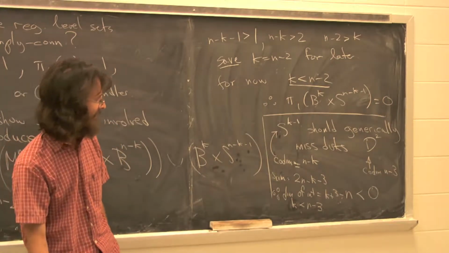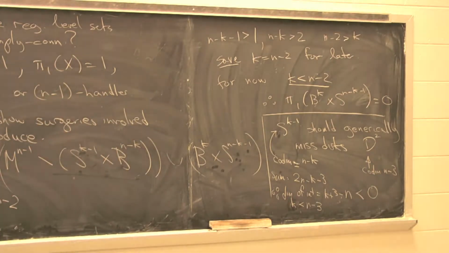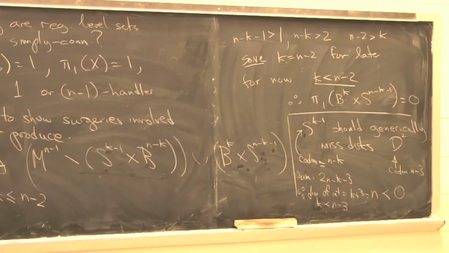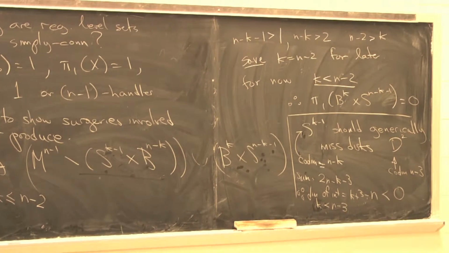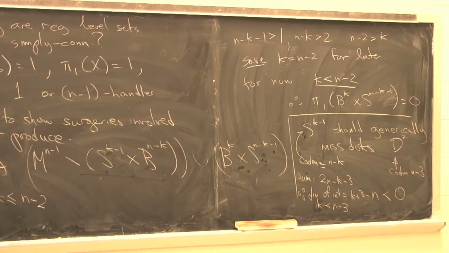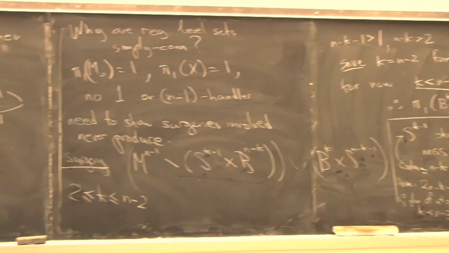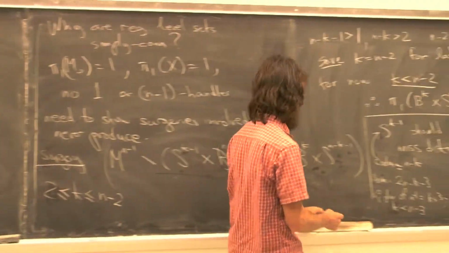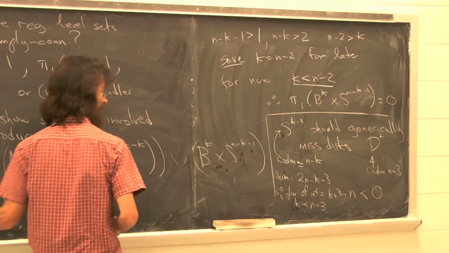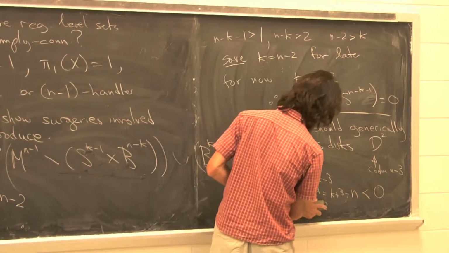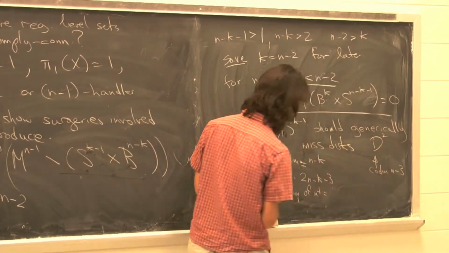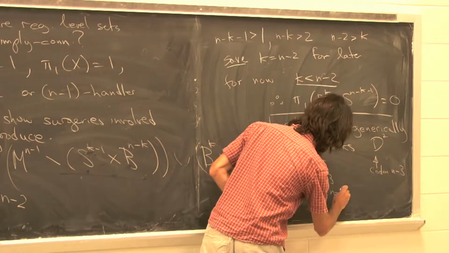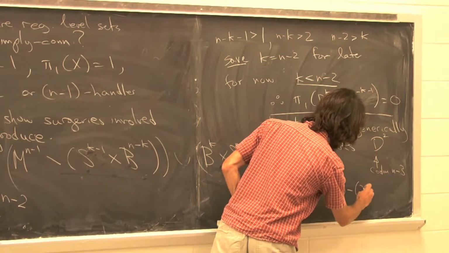Did I do any calculations there wrong? Should be n minus 1 minus. We're doing this in n minus 1, so it should have been n minus 1 minus. Oh, yeah, right. That's where things got off. Sorry. Okay. The codimension addition was good so far. This is the last step. So I want to do n minus 1 minus (2n minus k minus 3).